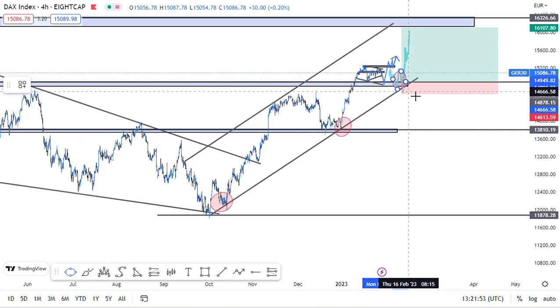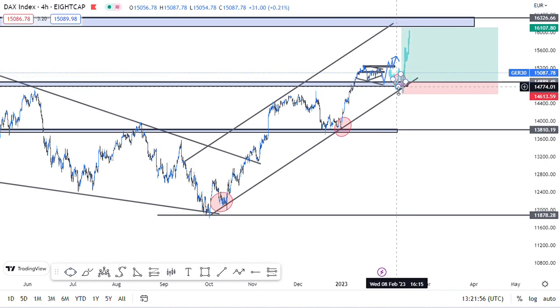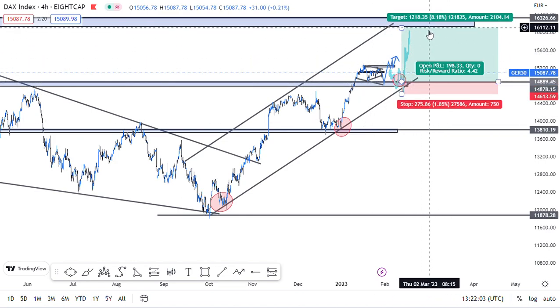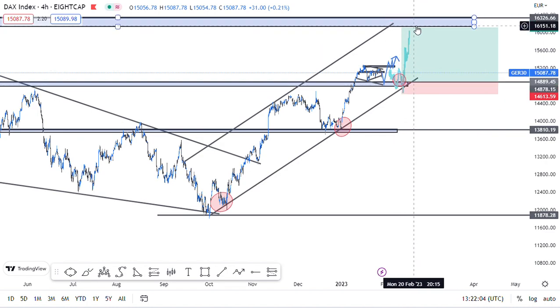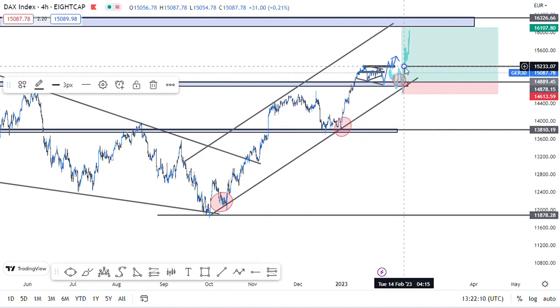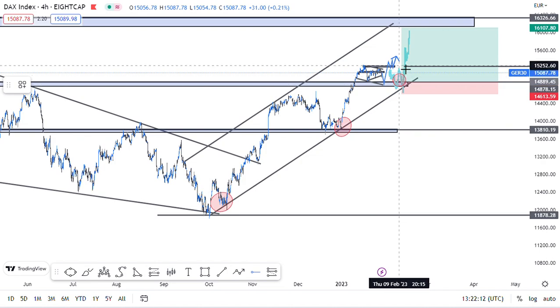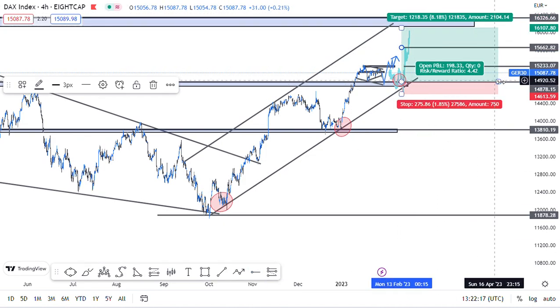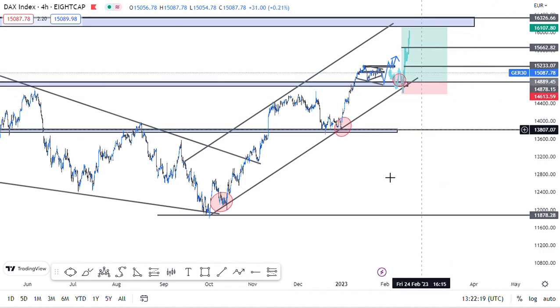A third touch right at this point over here. Then after a third touch, I'm going to do what? Buy GER30 to that point. Different take profit areas: TP number 1 right there, TP number 2 right over there, and then TP number 3 will be at that point right over there.